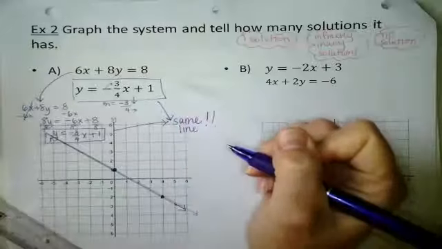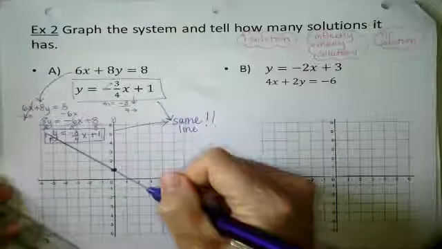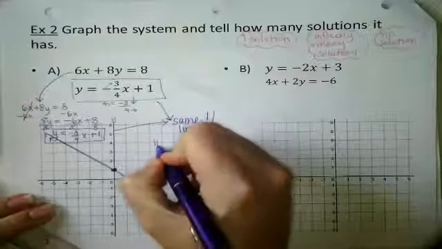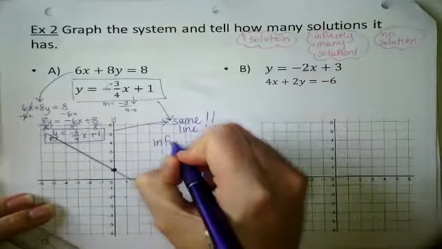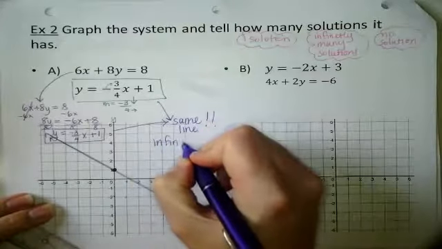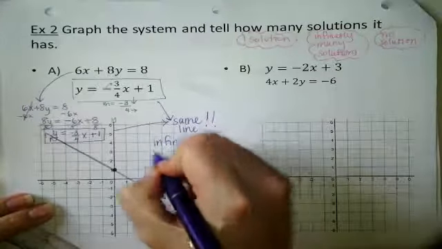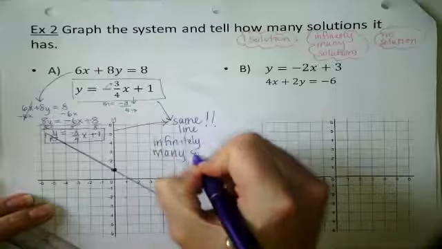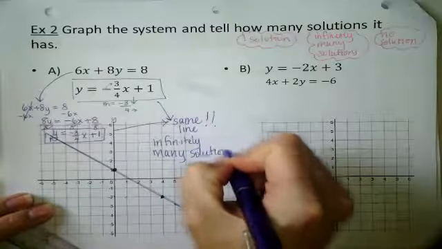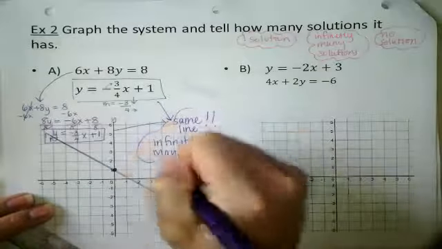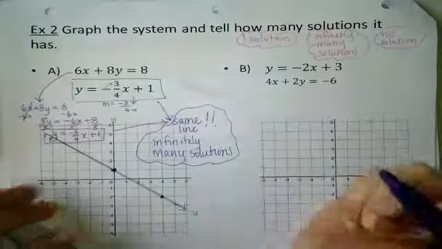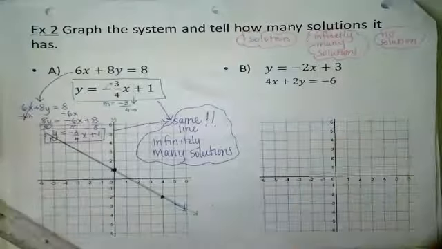There are an infinite number of points that are overlapping here. So there are infinitely many solutions. All right, so when they are the same line, we have infinitely many solutions.